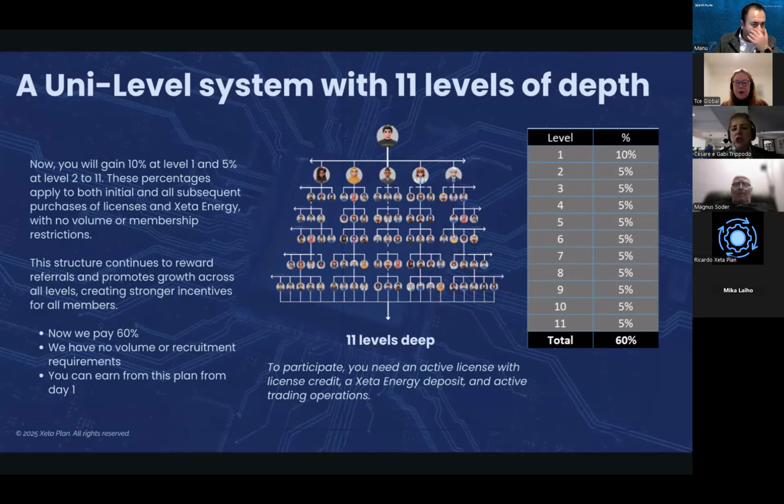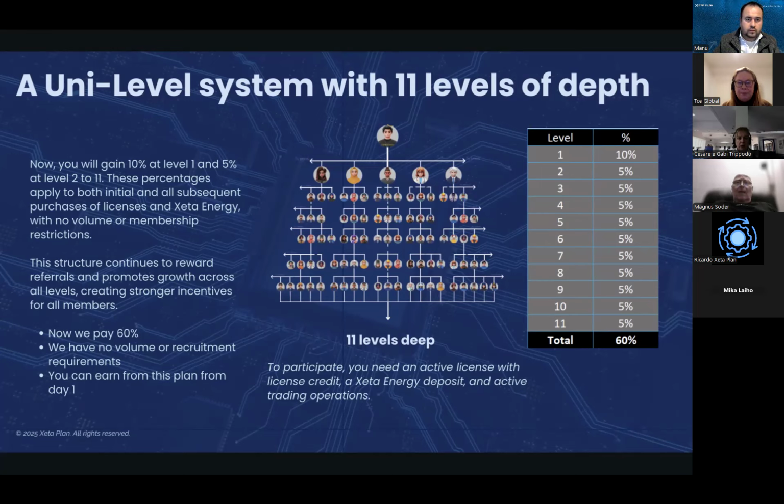And from level 2 through level 11, you earn 5% on each. So now we pay 60% of the revenue generated by the company. We have no volume or recruitment requirements, and you can start earning from day one. The moment a new license is sold, you generate money. The moment someone pays for energy, you generate money. And now we're also doing the performance fee payments in Forex.